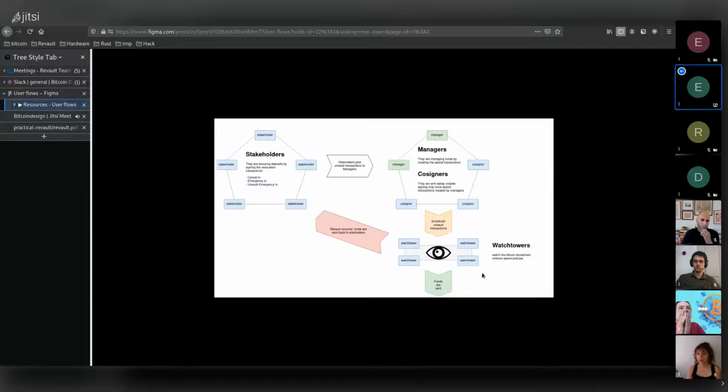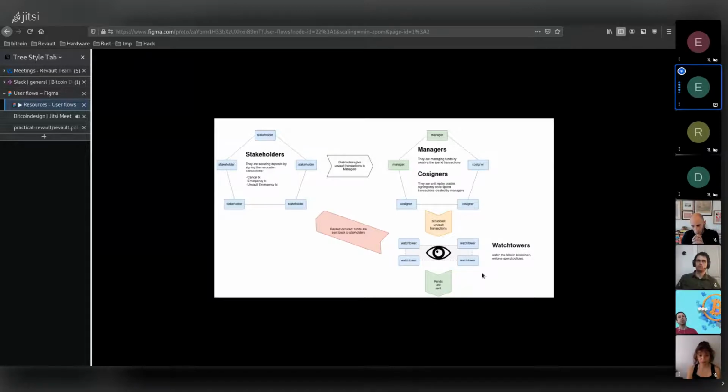It's very important to understand that in Bitcoin, for the moment, there is no way to enforce spending policies on future UTXOs. It does not exist. You cannot say, okay, I give you this UTXO, but you can only spend it like this.